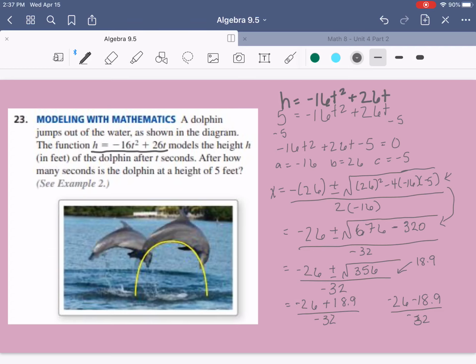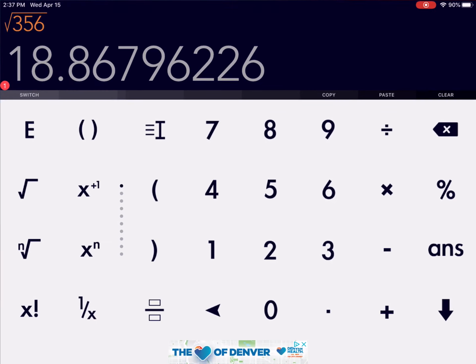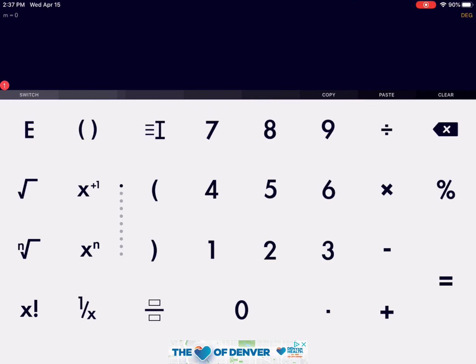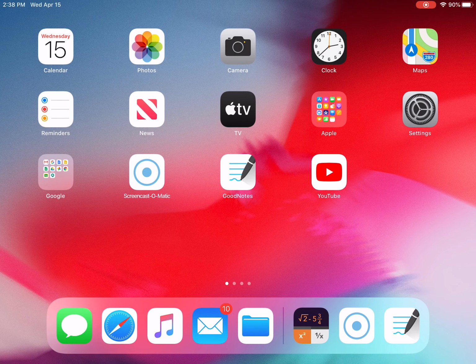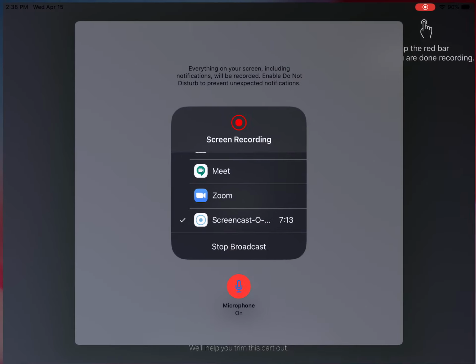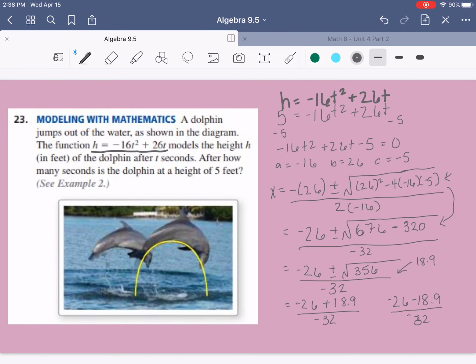All right, so now negative 26 plus 18.9 equals negative 7.1, divided by negative 32 equals 0.22, so rounding to the nearest tenth, about 0.2.